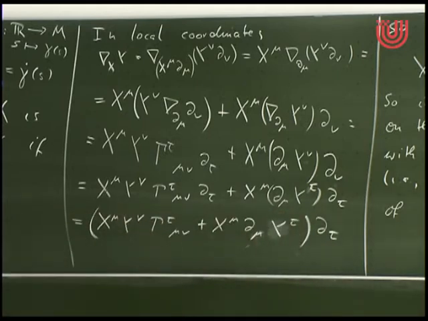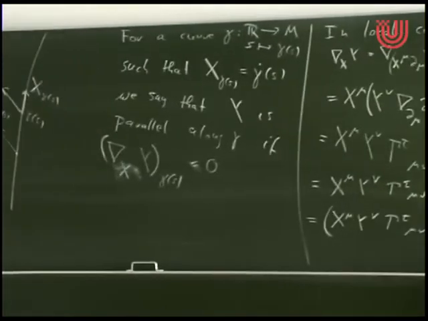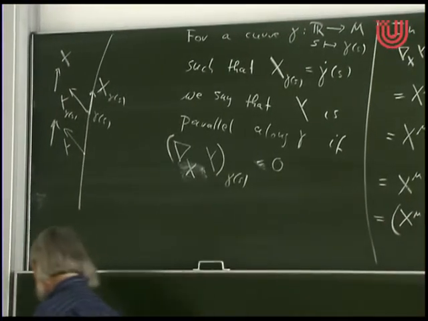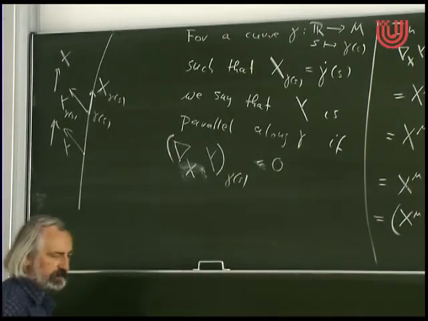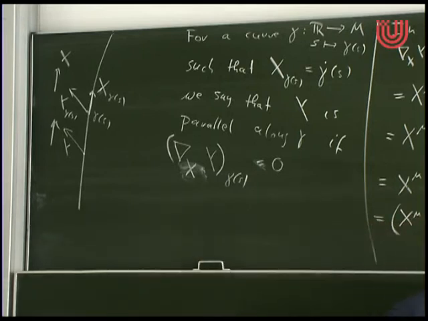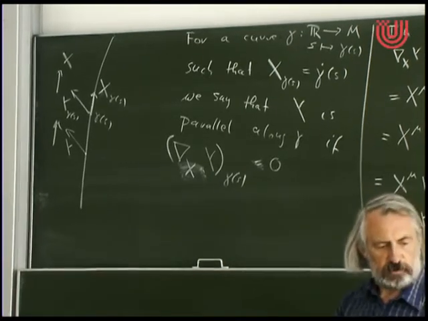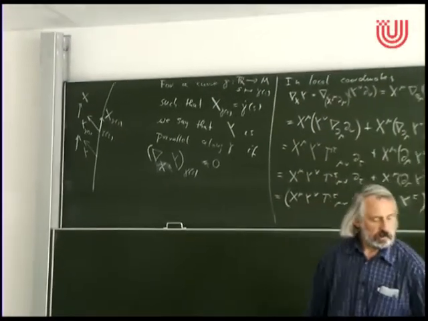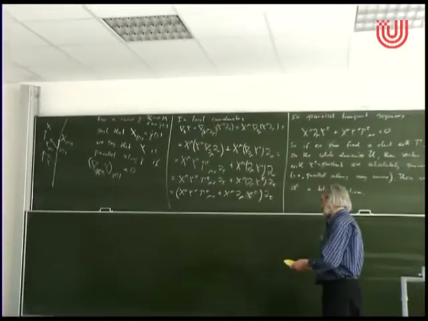So we can now investigate any vector field along a curve. We can ask if it is parallel. In particular, we can ask this question for the tangent field. And if this is true, if the tangent field is parallel along the given curve, then we call the curve a geodesic. So these geodesics are curves where the tangent field is, in a sense, parallel to itself.